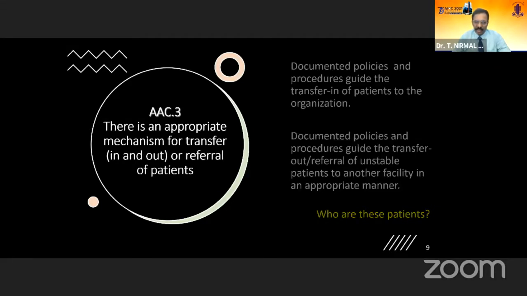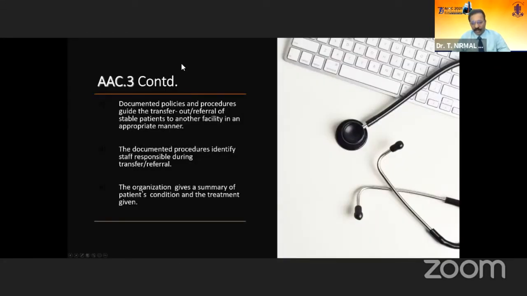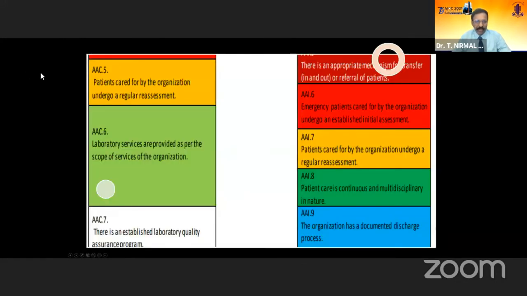That has to be defined properly. These are patients whom we can't handle, who have non-ophthalmic emergencies. We should also identify the staff who can accompany the patient during transfer and referral. And we also need to give a summary of what went through in our hospital, the patient's condition at transfer, and the treatment given here.